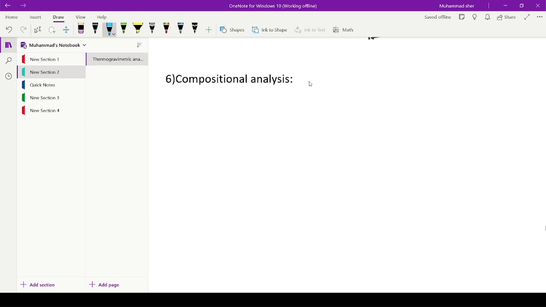So let's take the example of calcium oxalate monohydrate. This is the chemical formula for calcium oxalate monohydrate. Now we are trying to make a thermogram for this.